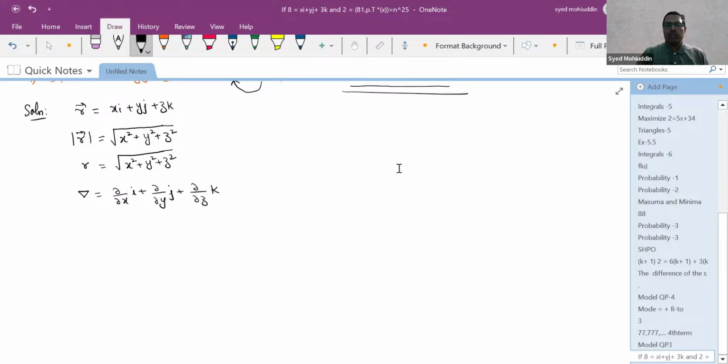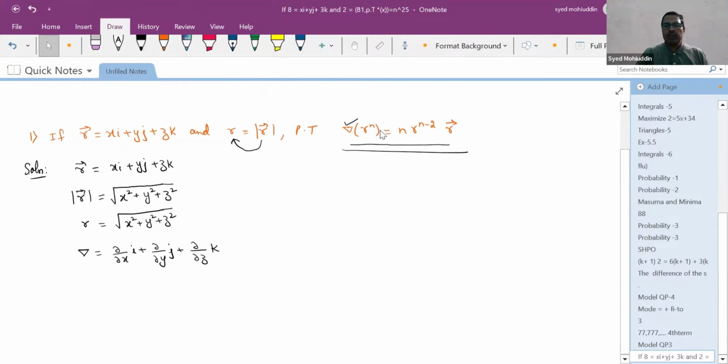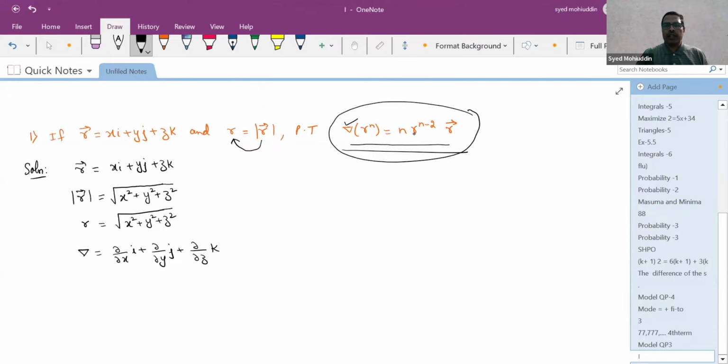Now, let us go back and start with the left-hand side and arrive at the right-hand side of this particular result. So I'll start with del r power of n.